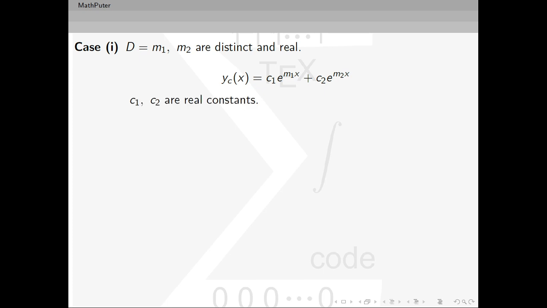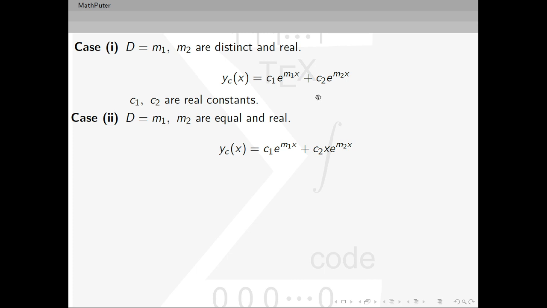The second case, when m1 and m2 are equal and real, then y(x) is c1 e raised to m1x plus c2 x e raised to m1x, with m1 equal to m2 here. But see, here I wrote some extra quantity, x.